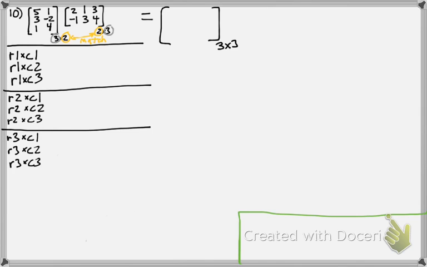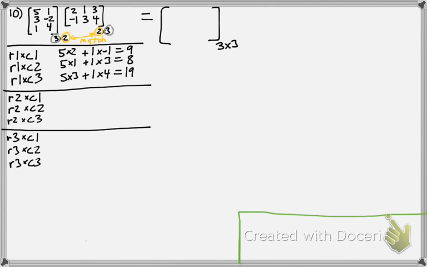So row 1 times column 1, this is going to be 5 times 2 plus 1 times -1, which will give you 9. 5 times 1 plus 1 times 3, which will get you 8. 5 times 3 plus 1 times 4, which will get you 19.